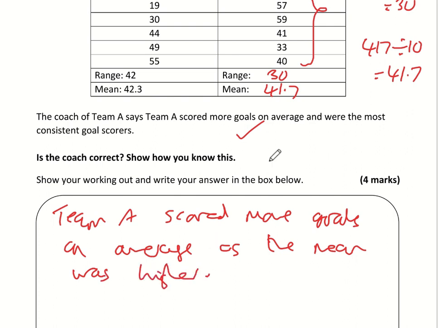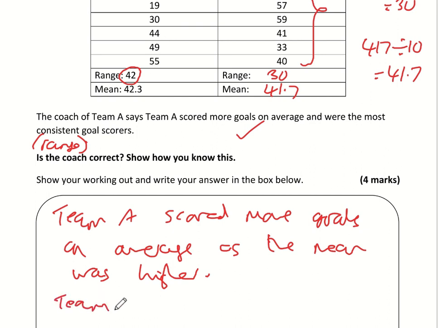And what's all this about consistency? Okay, well, consistency is related to the range. The greater the range, the less consistent. So there is a greater range, so that means there's a greater variation in the values, so therefore Team A was less consistent.